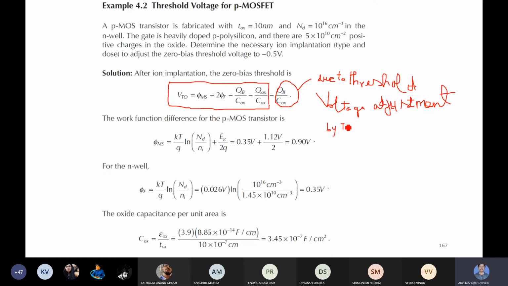Ion implanted charges. So threshold voltage by ion implantation we can adjust.